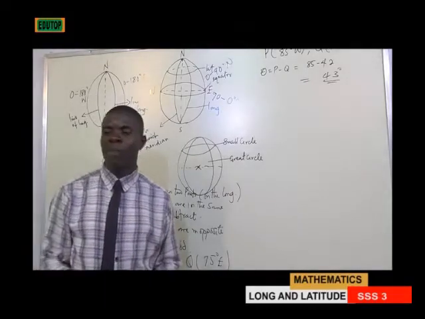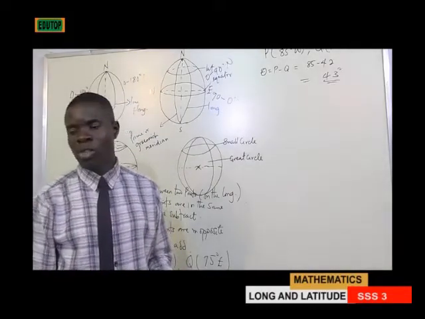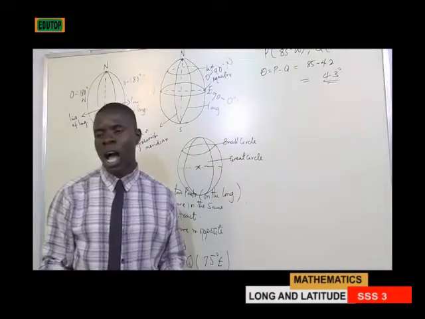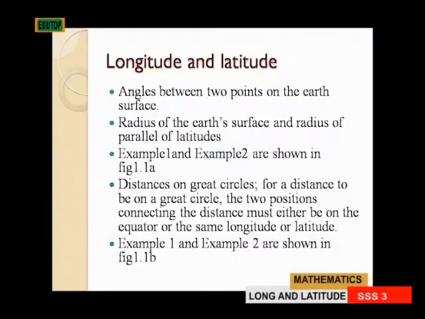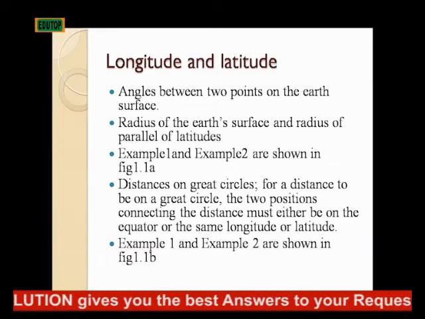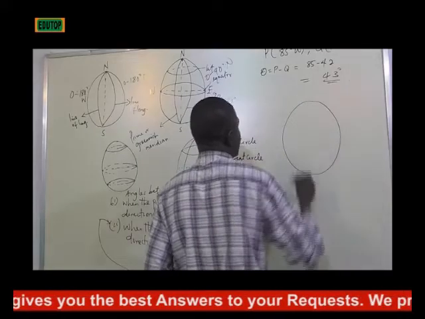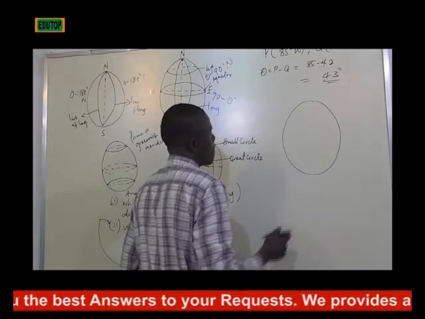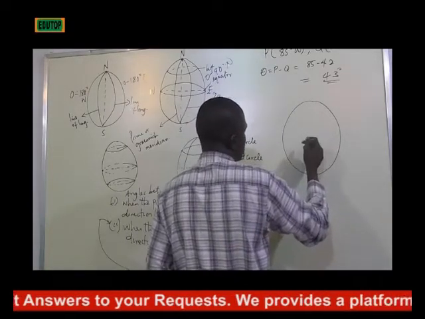These are the simple concepts that are applicable as far as longitude and latitude are concerned. Now, radius of the Earth's surface and radius of parallel of latitude. You have this as the sphere.